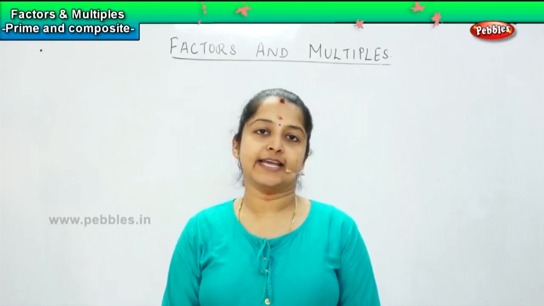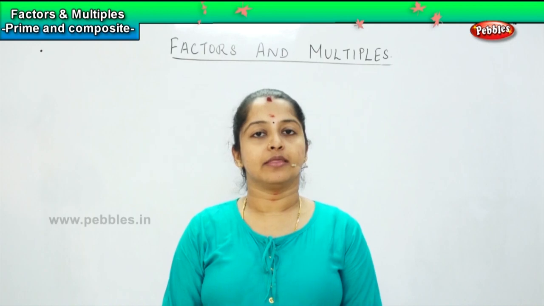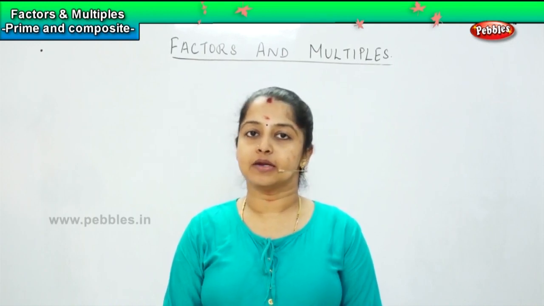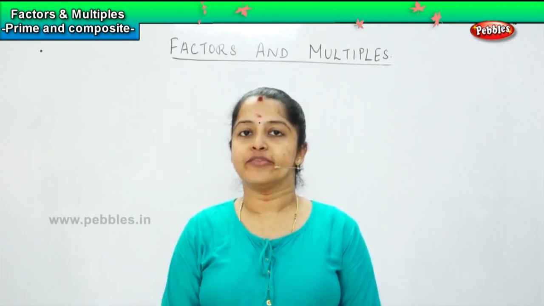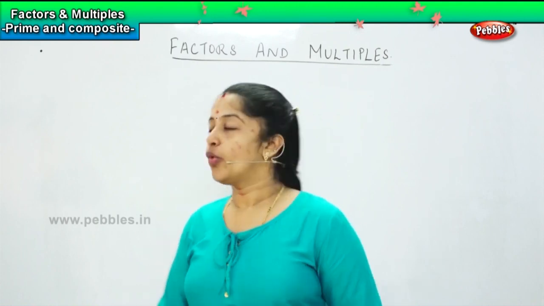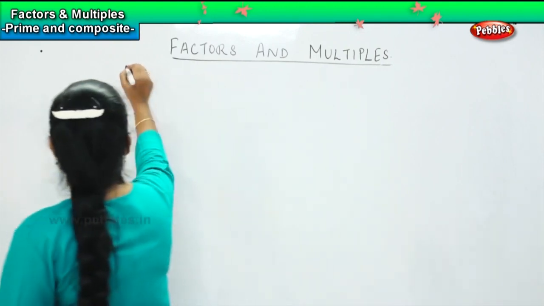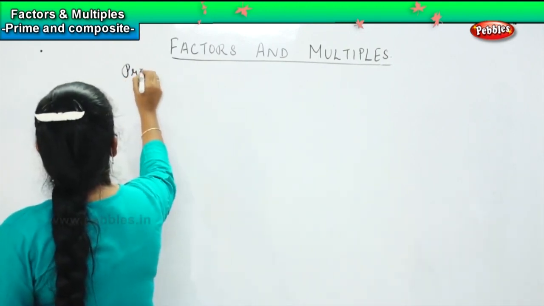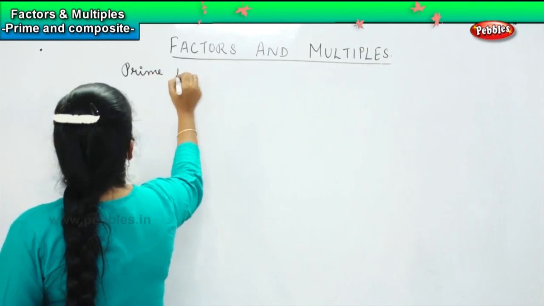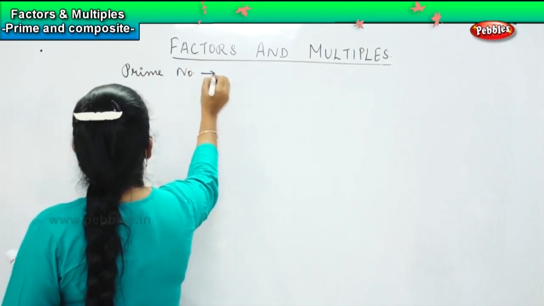Now, the next thing that we are going to learn here is the concept of prime and composite numbers. Have you ever heard it before, children? What do you mean by a prime number? What is a prime number?